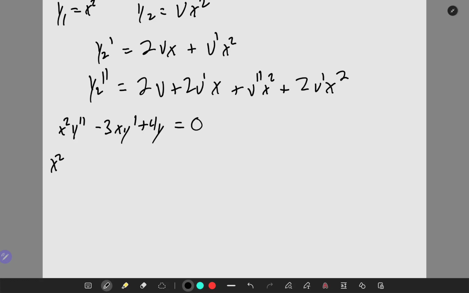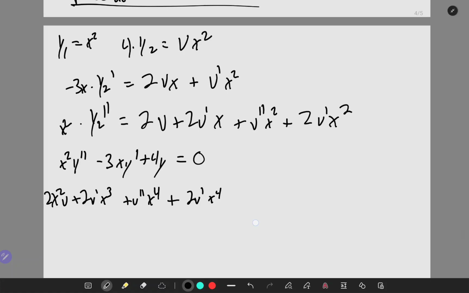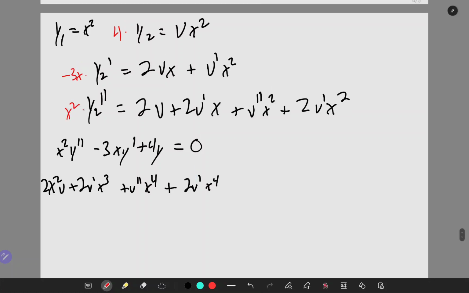So that's x squared times 2v, x squared times 2v prime x, x squared times the v double prime x squared, and then x squared times that last term. So I'm taking x squared, multiplying it by this, negative 3x, multiplying it by this, and 4, multiplying it by this. I should really write those in red, right?